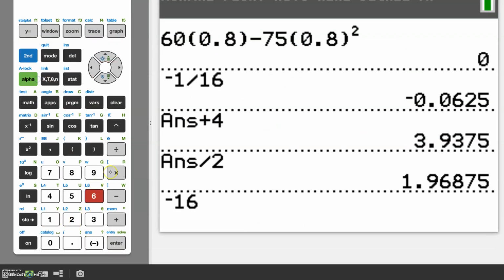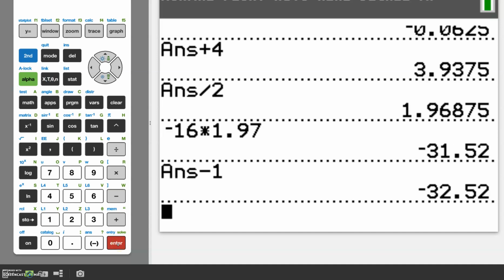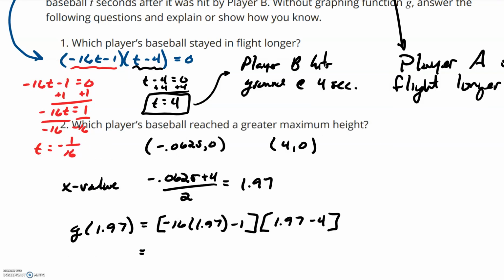Negative 16 times 1.97, and then subtract 1, and I get negative 32.52.